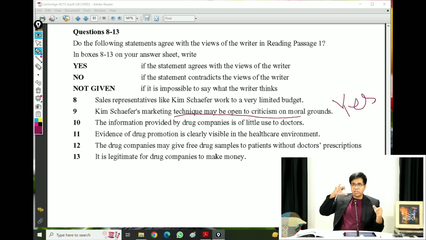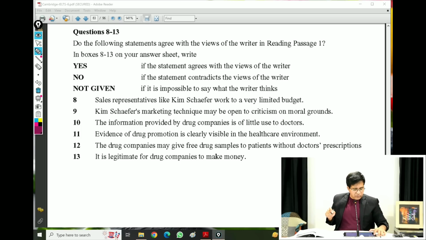If it is very useful, effective information, then it is no. And if they don't tell us whether the information is useful or useless, then the answer is not given. Now go back and see where they talk about this.